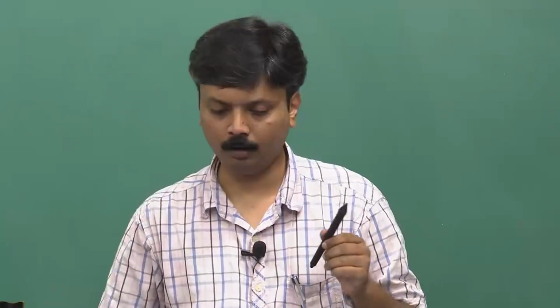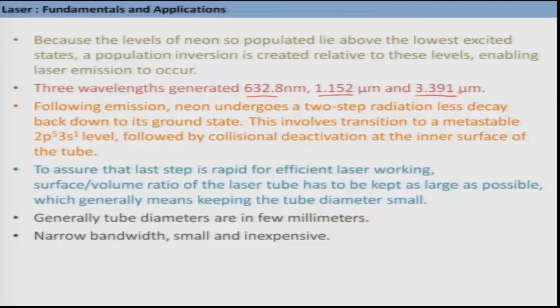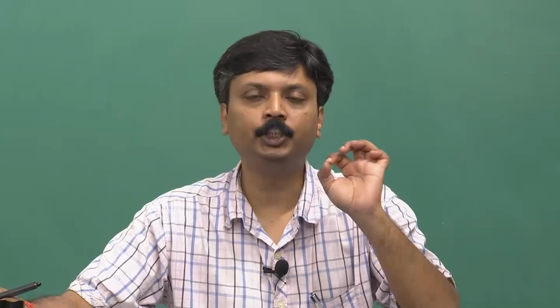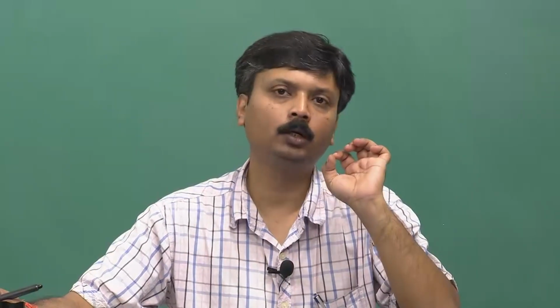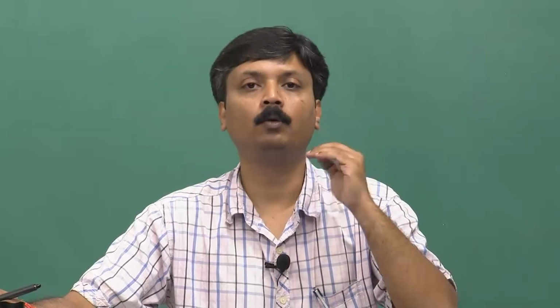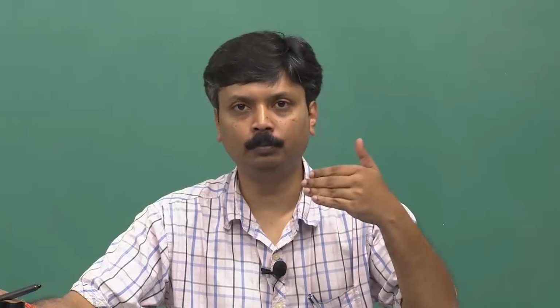And this rapid decay from the lowest excited state is achieved through collisional deactivation of these excited neon atoms, and the collision that I am talking about is the collision between the excited gas molecules and the inner surface of the tube.